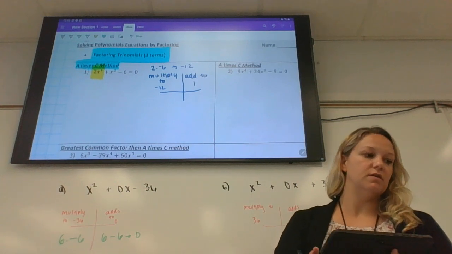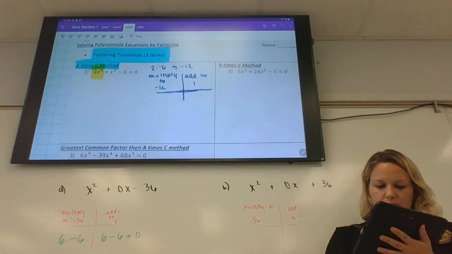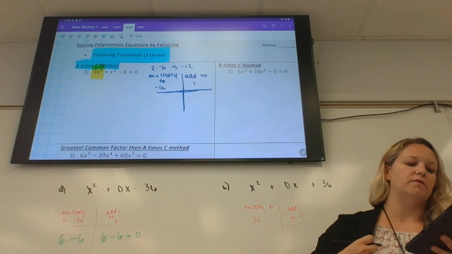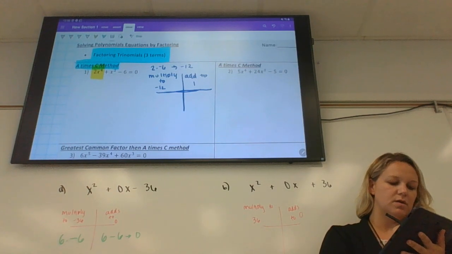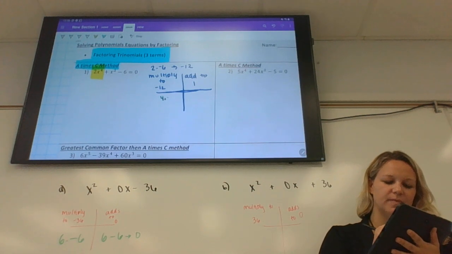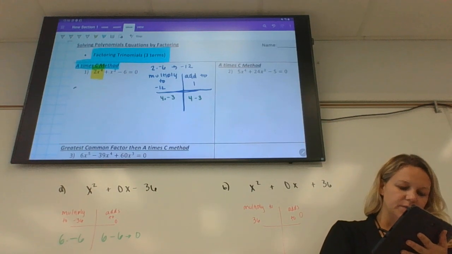So write smaller than I am, or do it on a separate paper. So numbers that multiply to negative 12 and add to positive 1, which is in the middle. Good job. 4 times negative 3. So we're going to put those numbers right in the middle.